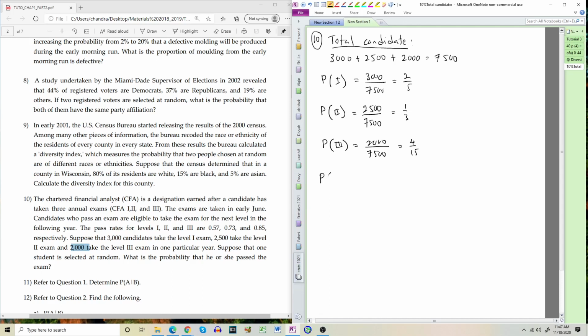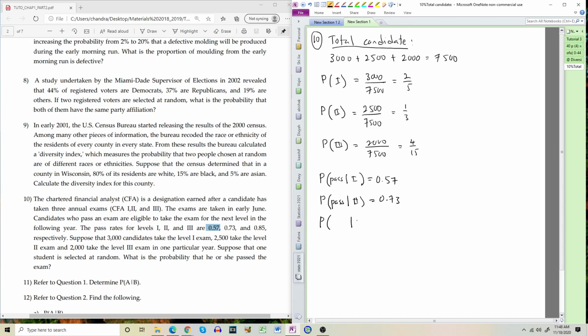A person sits for the first exam and he passes. What is the probability? 0.57. A person who sits for the second exam passes. Now you know the value, 0.73.